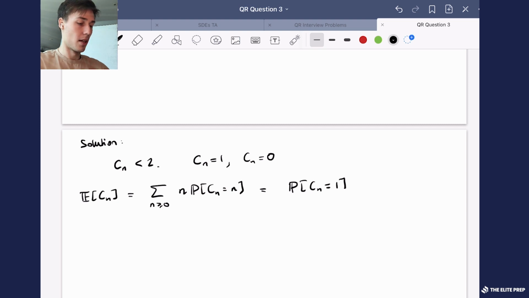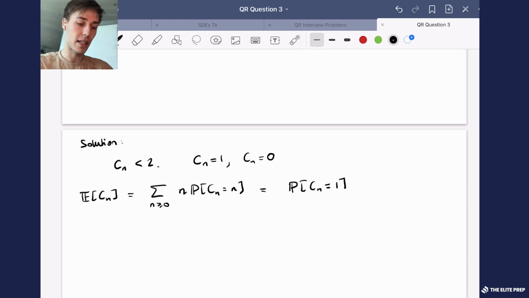Great. The next part is to figure out all the possible cases in which Cn can equal 1. Remember that Cn was just the number of cycles which are of length greater than n.